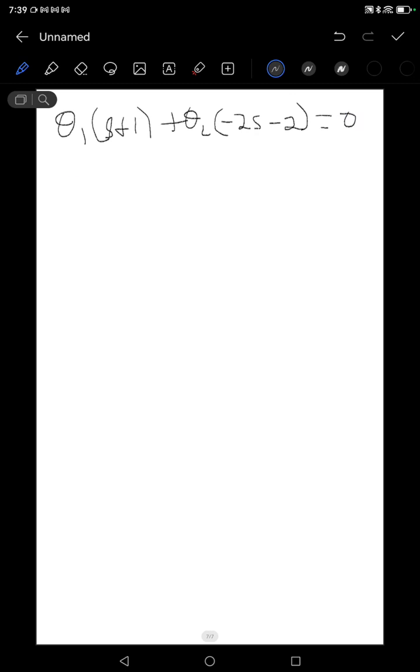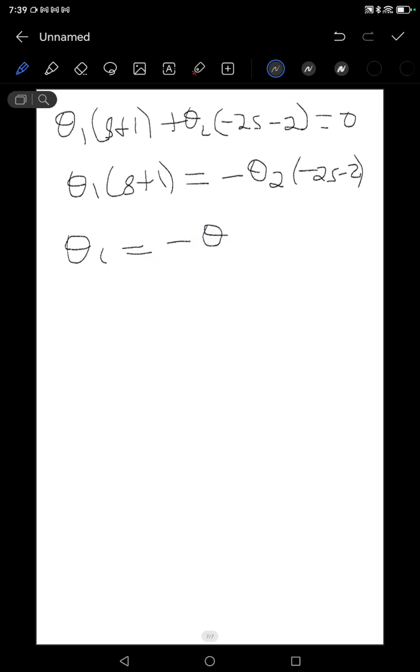So what we're going to do is theta 1 into S plus 1, okay? All equals to a negative theta 2 into negative 2S minus 2, like this. And then we're going to divide both sides by what? By S plus 1. So it's going to have theta 1 equals to a negative theta 2 into negative 2S minus 2 over S plus 1.